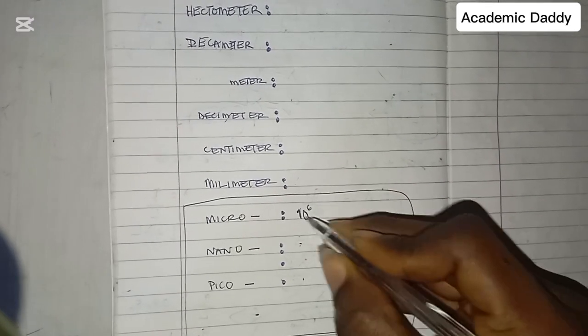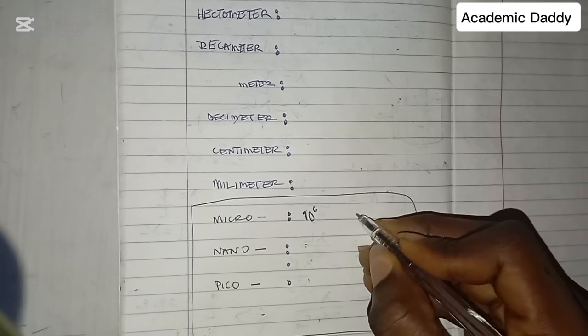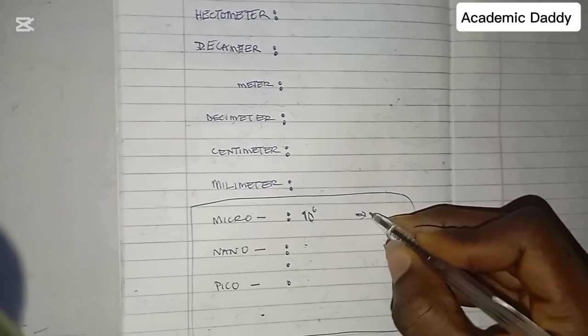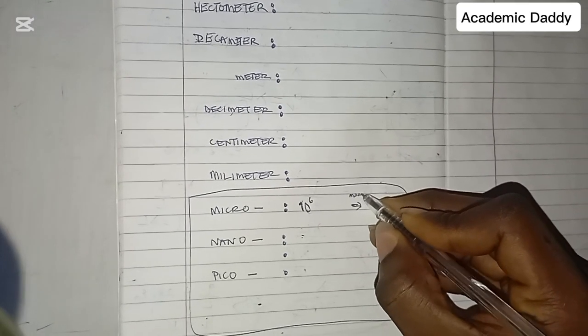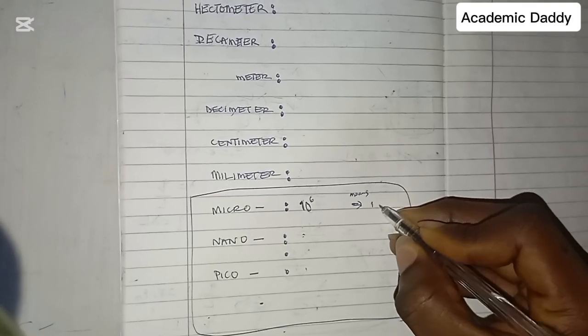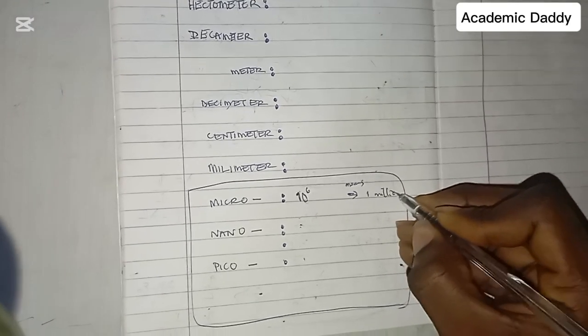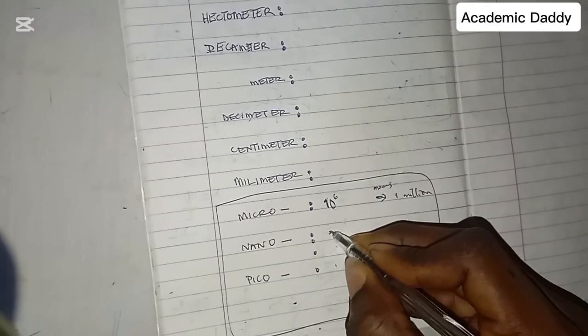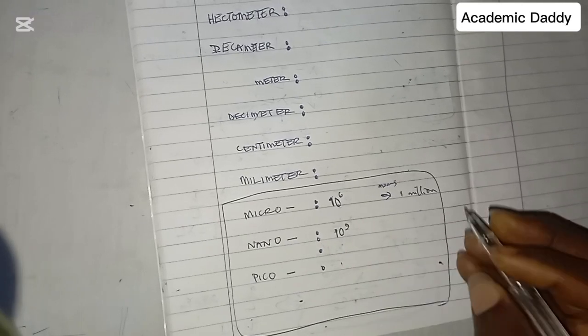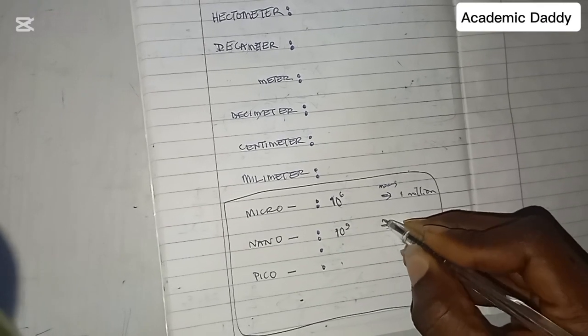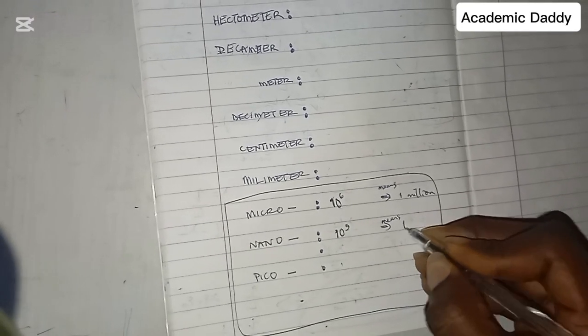So micro simply means 10 raised to power 6, which simply means 1 million. And nano means 10 raised to power 9. So it simply means 1 billion.